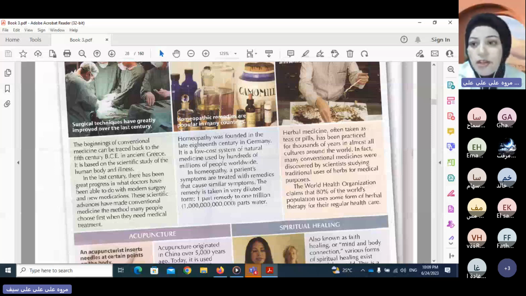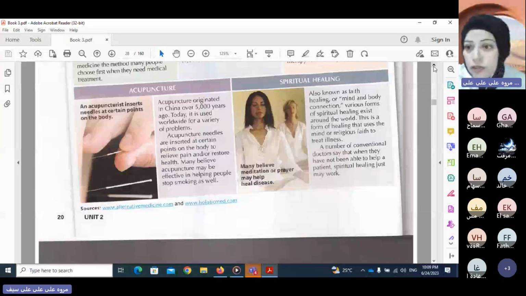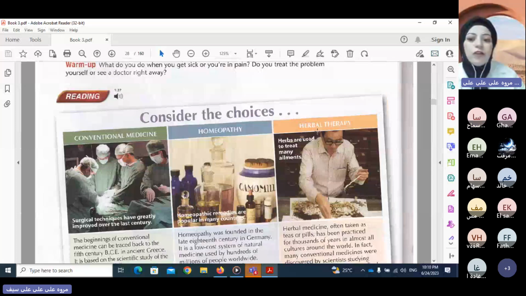For the pronunciation, I need somebody to read this word. Just a second. The third one first. Herbal medicine.